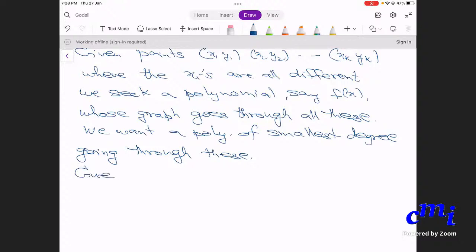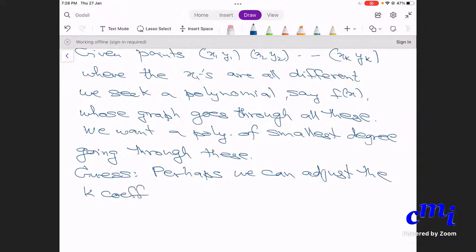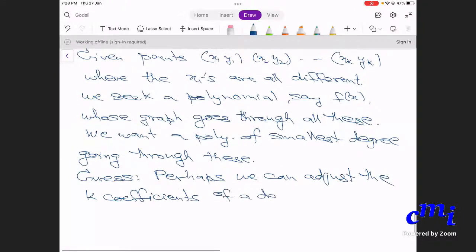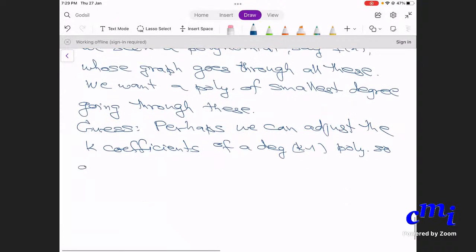So we begin with the guess. Perhaps we can adjust the k coefficients of a degree k minus 1 polynomial so as to satisfy all these conditions. So we'll try this and see if it is possible.